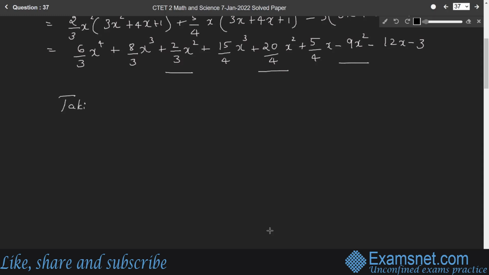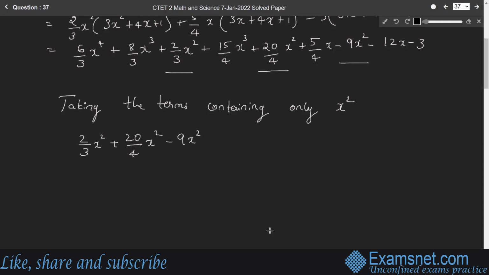So taking the terms containing only x square. So here 2 by 3 x square plus 20 by 4 x square minus 9 x square is equal to, so here LCM is 12.